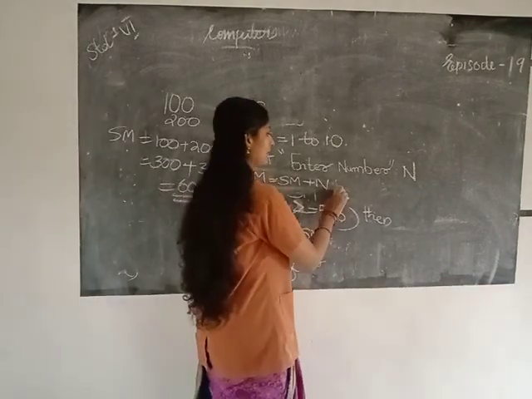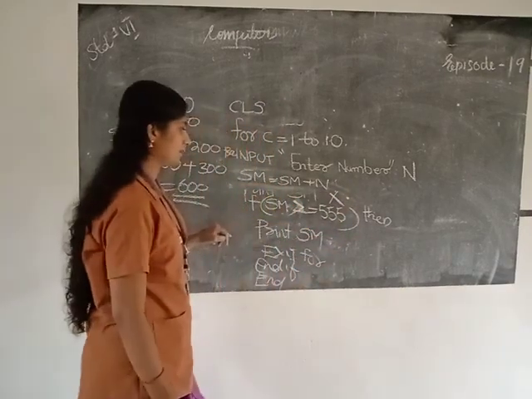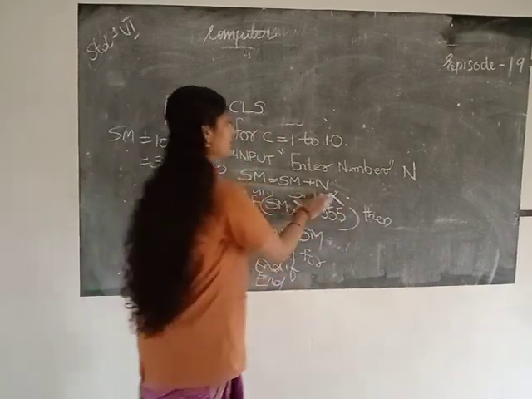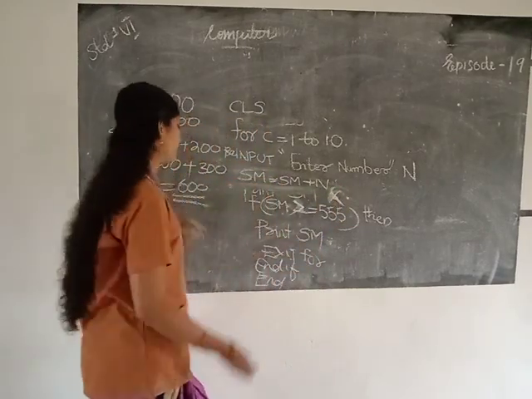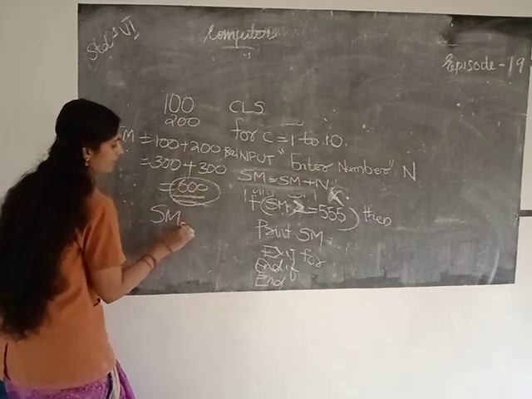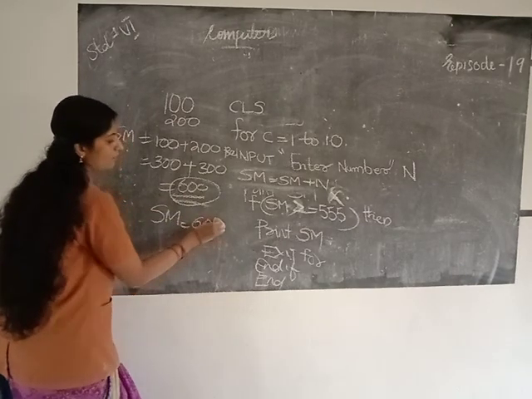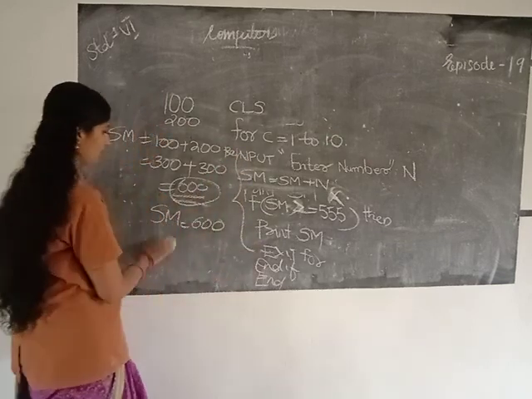Sorry, this is the true condition. So print sum. Now the final value of sum is equal to 600, and then exit from the loop.